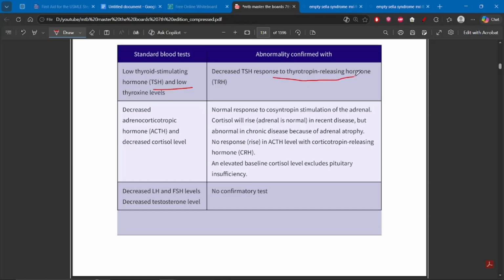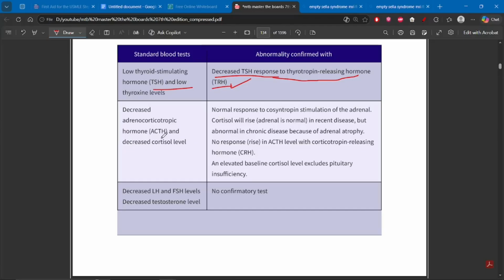So we will give the patient TRH, and TSH should increase, but it will either not respond to us injecting TRH, or it would show a very small response. So this is something that you can confirm with for the thyroid.